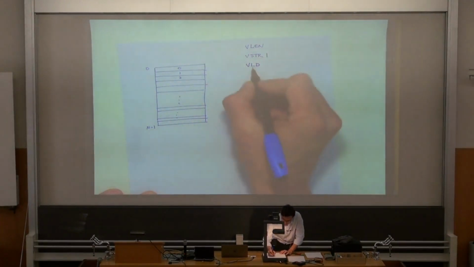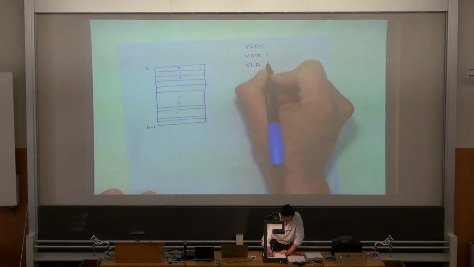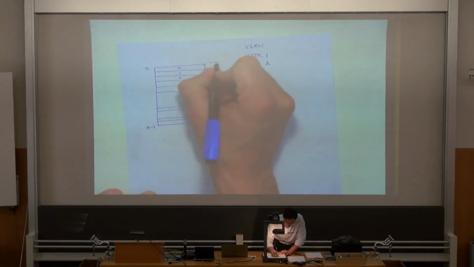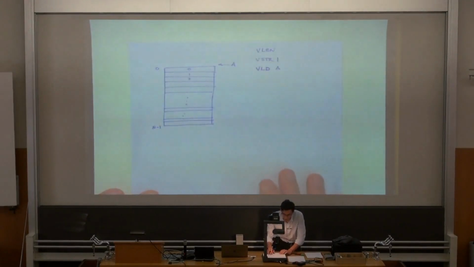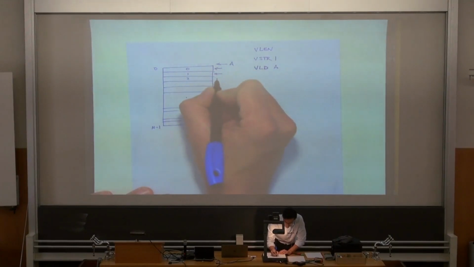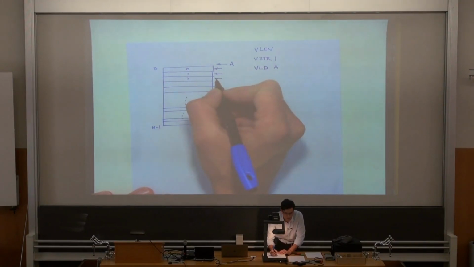This means that when we execute this vector load instruction from array A, and let's consider that array A starts here in address 0, what we will do is load from memory vector length elements that are at distance 1.